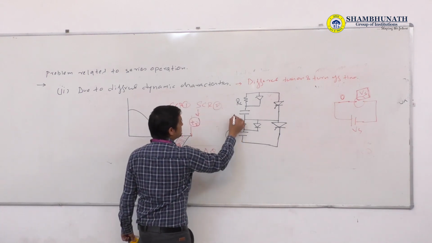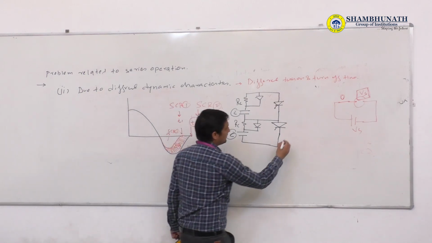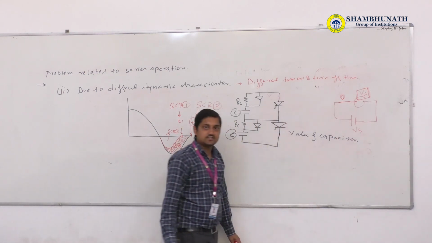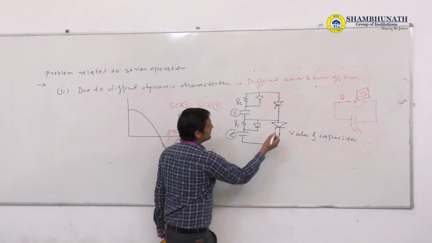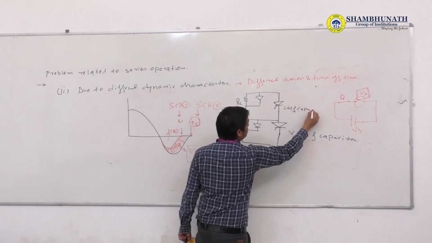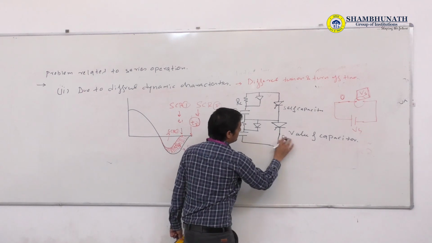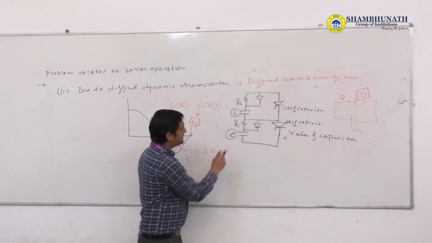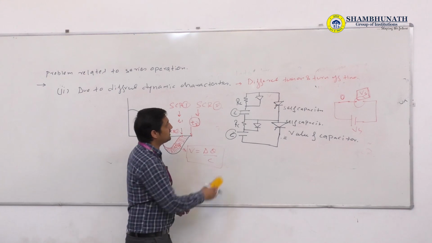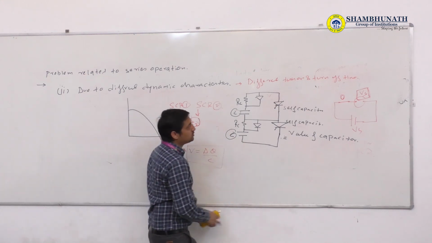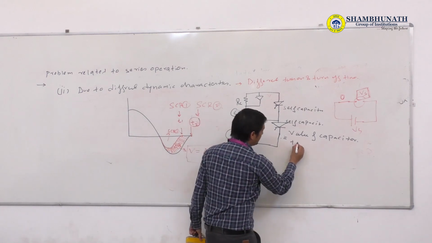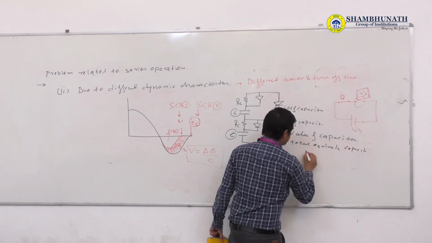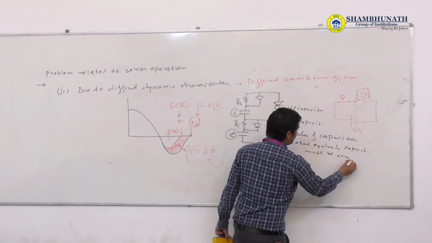The value of the capacitor is chosen such that the total equivalent capacitance, including the self-capacitance of the thyristor, must be the same.